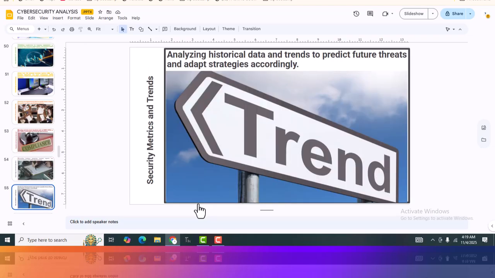Then we also look at threat trends and metrics. We look at the security metrics and trends: we look at the past, look at the present, then we can predict the future.